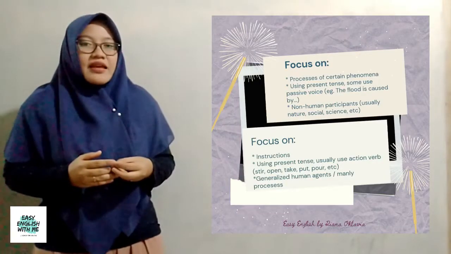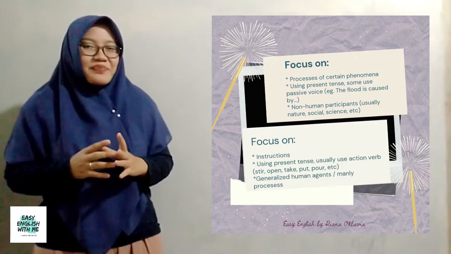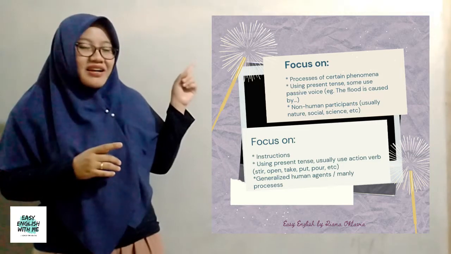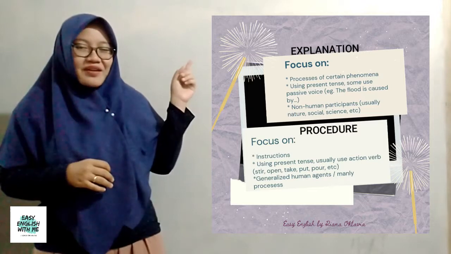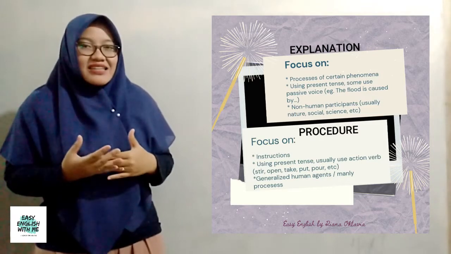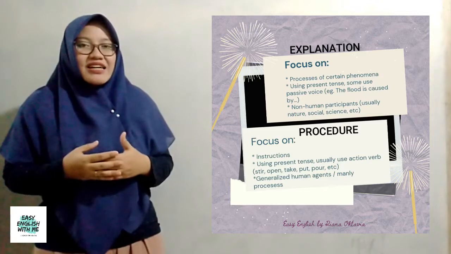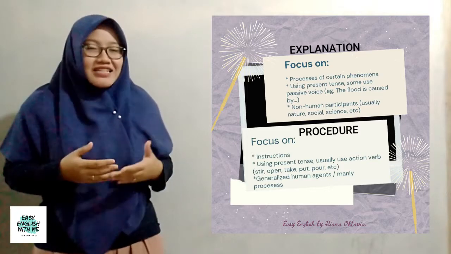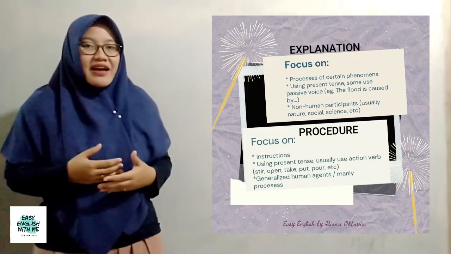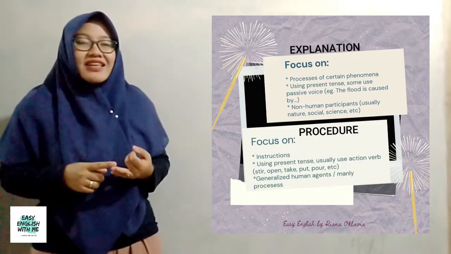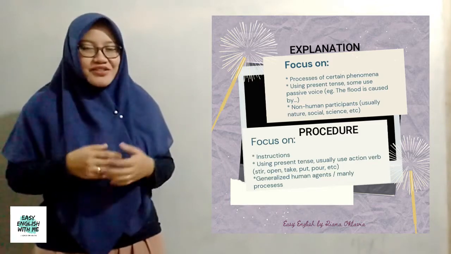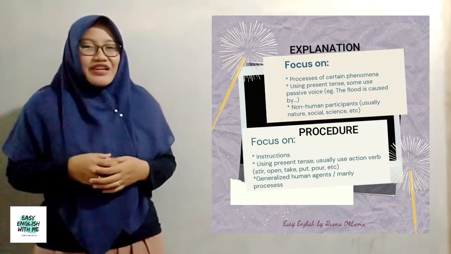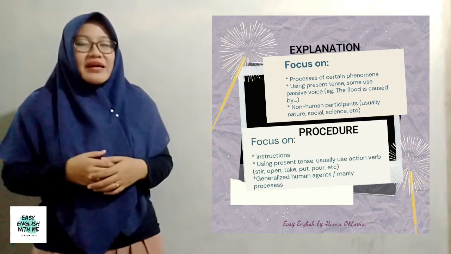Next, we'll discuss and analyze about the focus of the text, explanation and procedure text. The first one, box number 1, explanation text, focus on the process or detailed process of something. Usually, explanation texts tell about the phenomena about nature, social, culture, science, etc. And usually, explanation texts use passive voice.